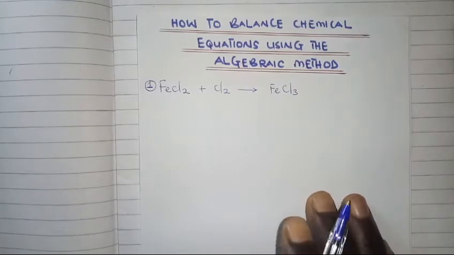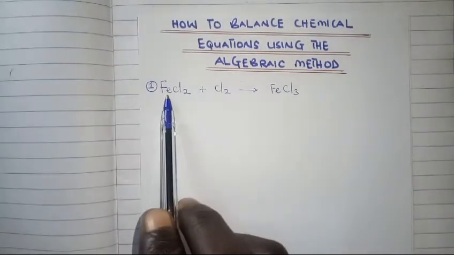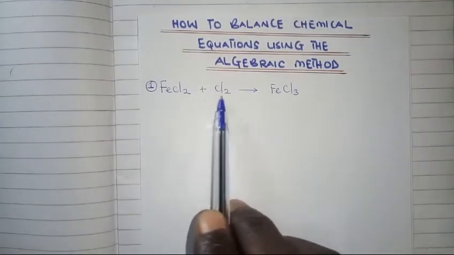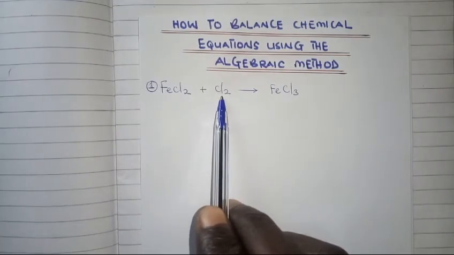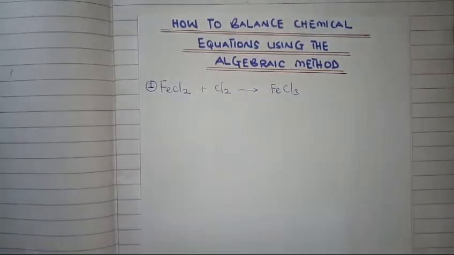This is actually not balanced. The number of iron atoms is balanced, but for chlorine, we have 4 chlorines on the left hand side, but only 3 chlorines on the right hand side.